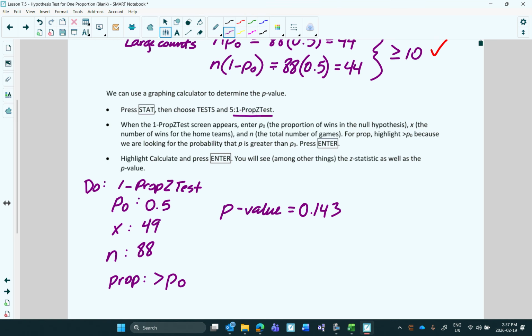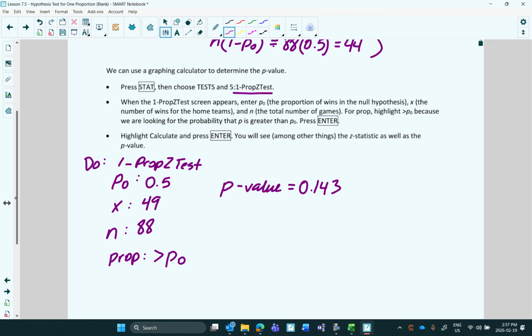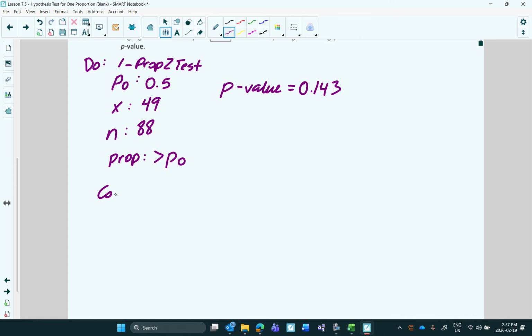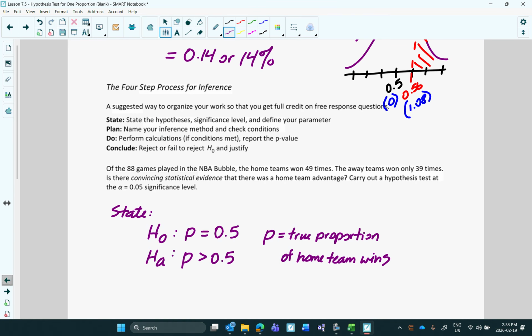Okay, so we can make our conclusion. So we conclude by saying, because our p-value is greater than, and if you notice at the beginning of the question, I should have pointed this out, it will tell you the significance level that you have to meet.